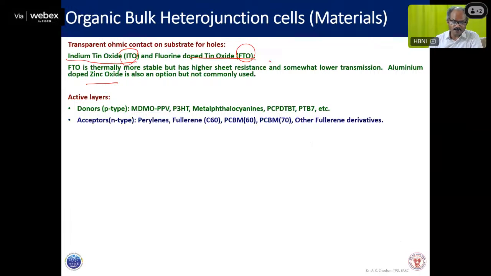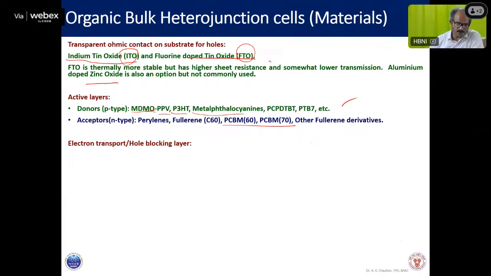For active layers, there are different polymers for donors: MDMO-PPV, P3HT, metal phthalocyanine, and all these. And for acceptors, perylenes, fullerenes, PCBM. Most of the time, especially in our lab, we use PCBM. 90% of the time, PCBM.